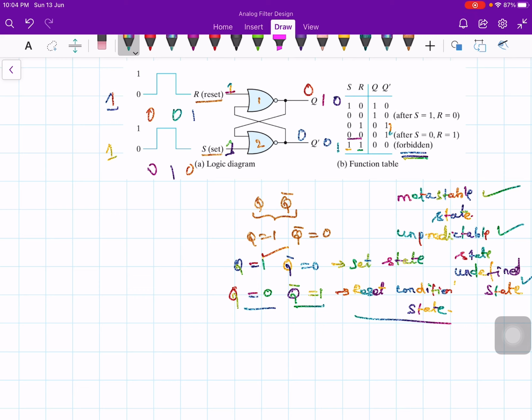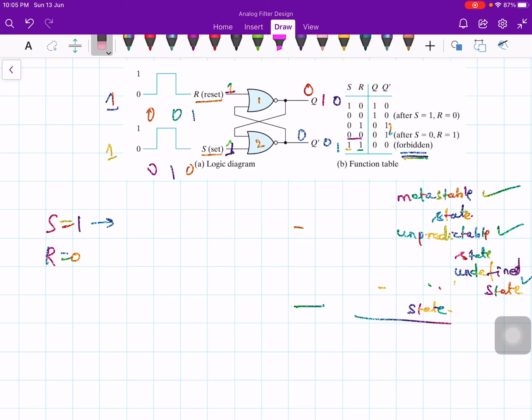Now, let us take the set condition. As I said, when S equal to 1 and R equal to 0, then Q is going to be 1 and Q bar is going to be 0. This is called the set condition. Let us analyze how this is going to occur. Let us see how things are changing.